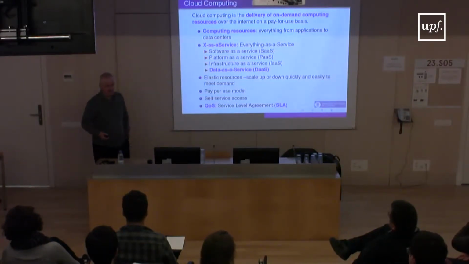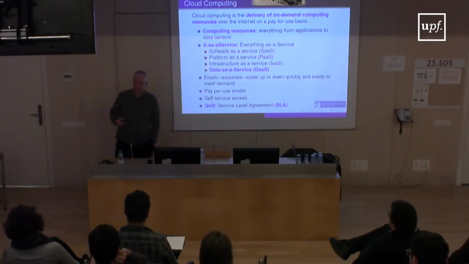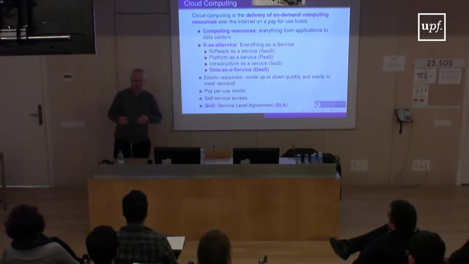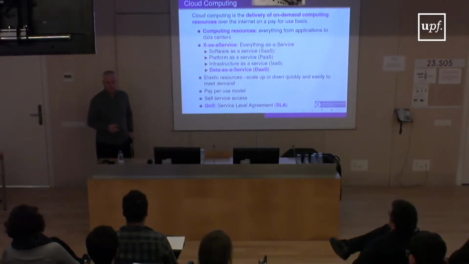Obviously, that was not easy. But the idea of grid computing with the virtualization of the resources was caught up by the community and was developed through cloud computing. And obviously, there is a pay-per-use model. You pay according to the use. And in most cases, we have a kind of self-service, which means that you don't need to have human interaction in order to set up your cloud platform, right?